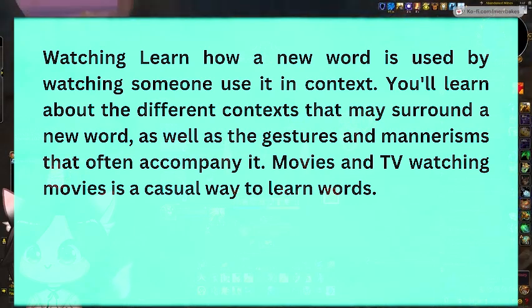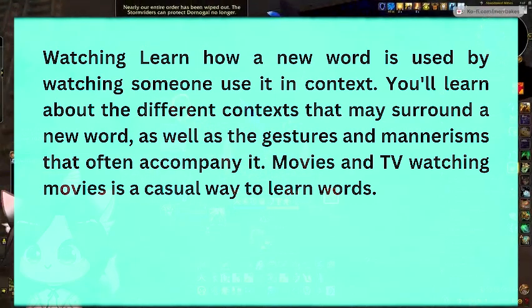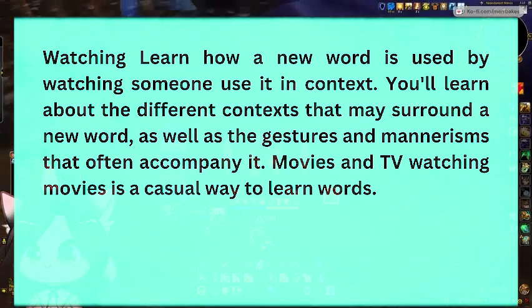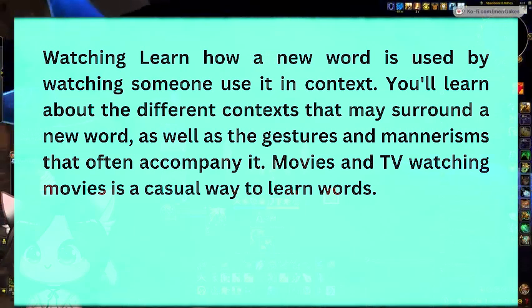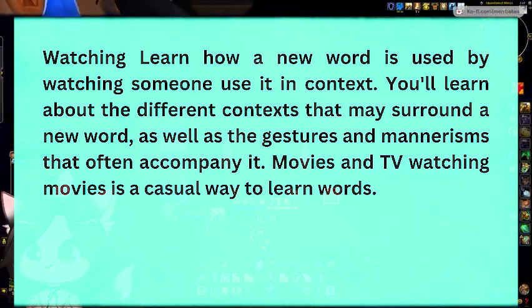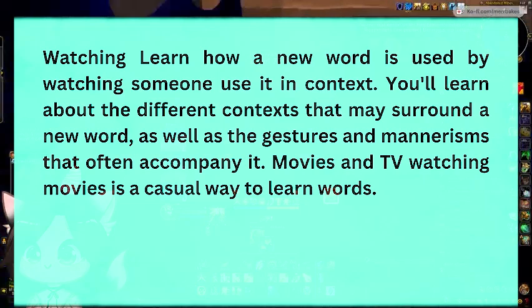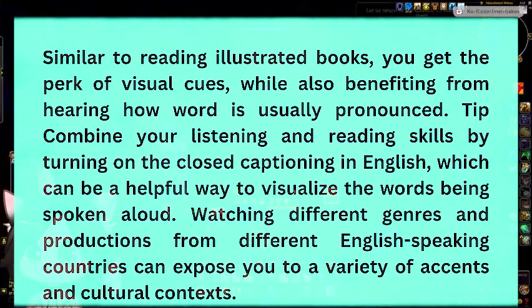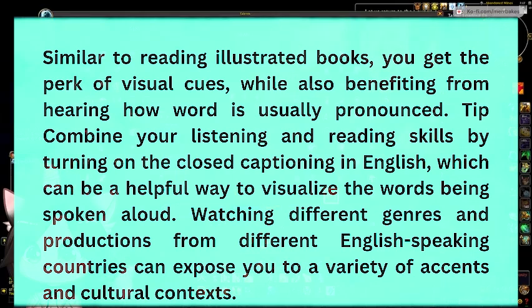Learn how a new word is used by watching someone use it in context. You'll learn about the different contexts that may surround a new word, as well as the gestures and mannerisms that often accompany it. Movies and TV. Watching movies is a casual way to learn words. Similar to reading illustrated books, you get the perk of visual cues, while also benefiting from hearing how the word is usually pronounced.